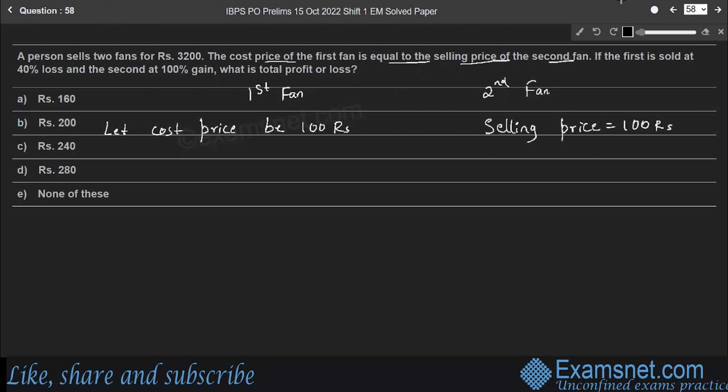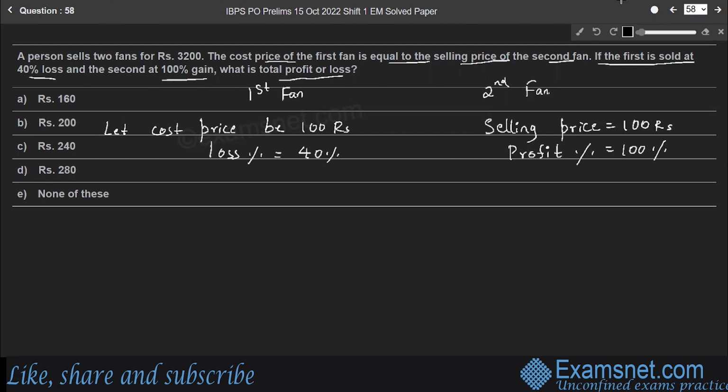If the first fan is sold at 40% loss, here the loss percentage of the first fan is 40%, and the second fan at 100% gain. There is a profit by selling the second fan, so the profit percentage is 100%.